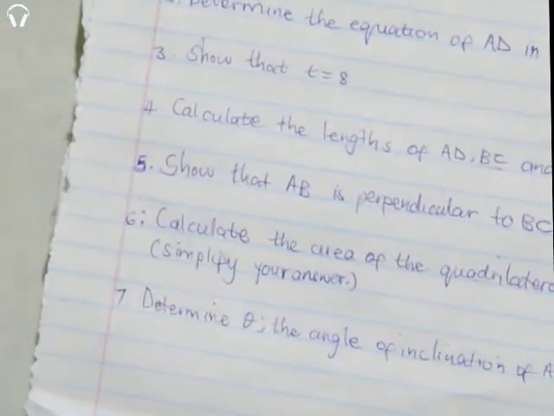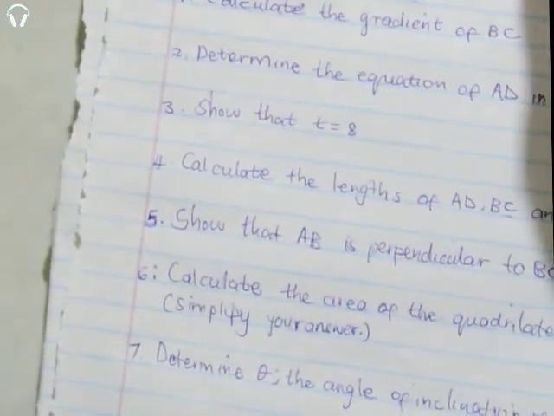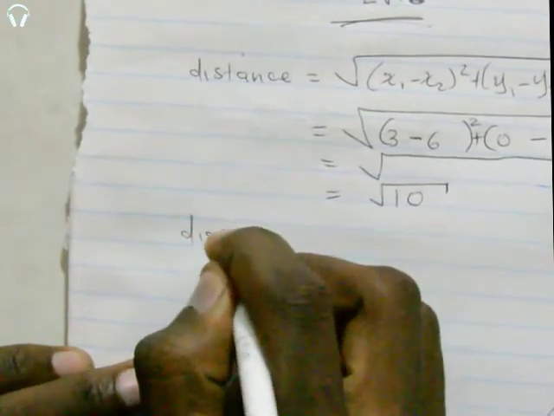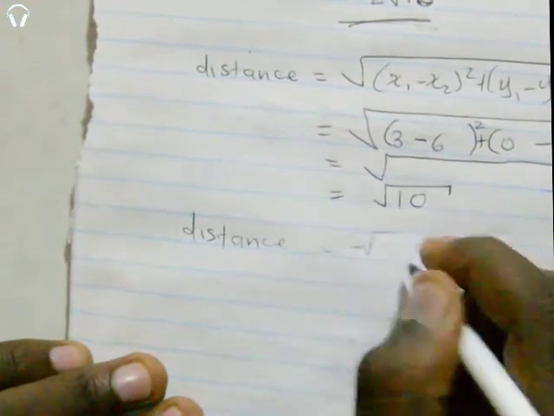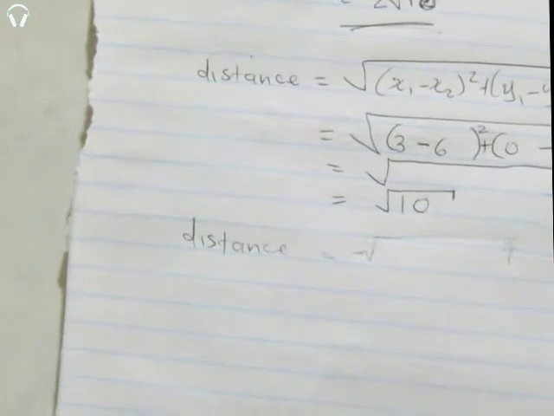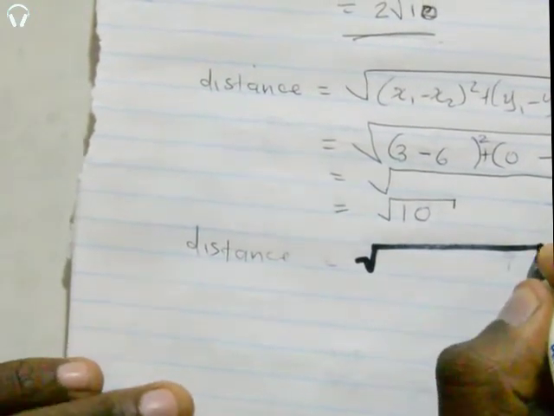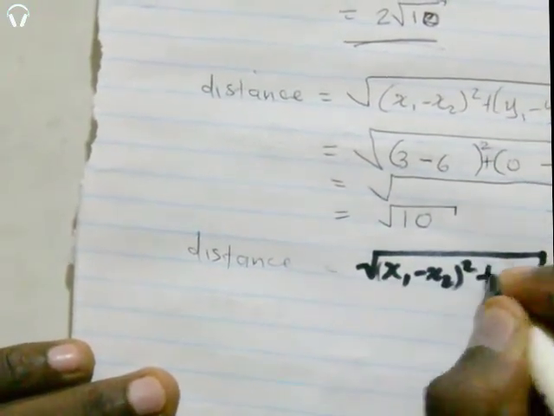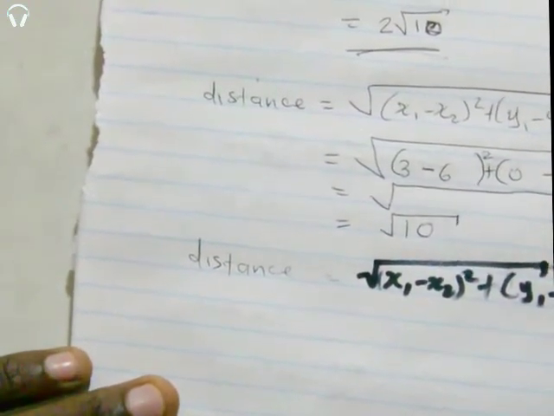Furthermore, we are asked to find the length of AB, which is this side. The very same procedure. Write our distance formula, which is the root of (x1 minus x2) all squared plus (y1 minus y2) all squared.